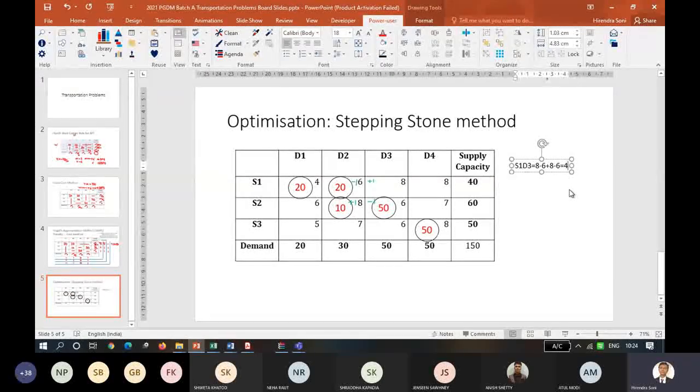Yes, sir. Okay. Now, let me test it for another cell. Now, let me take up some easier ones and then we will take up the difficult ones. So I will take S2 D1 now.